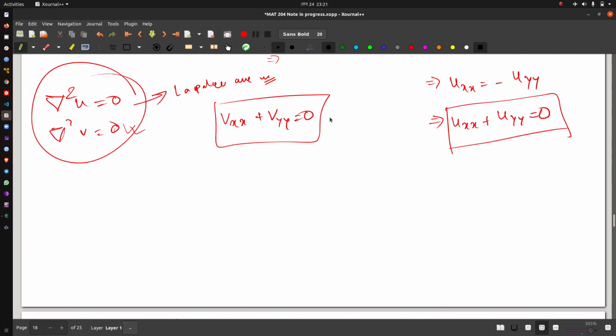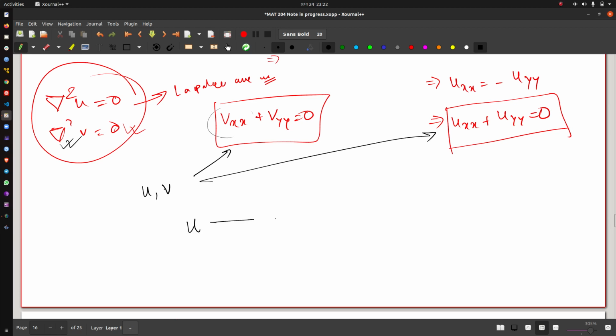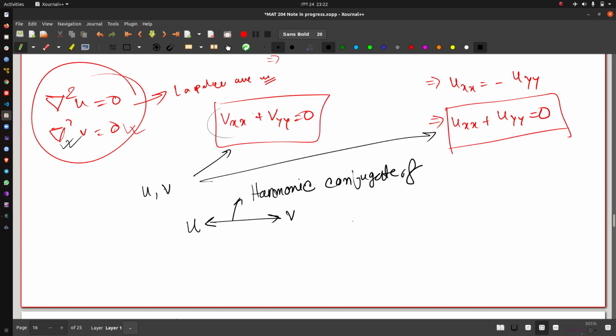As I said, if you can find some u and v that satisfy these equations, they can serve as a solution for the partial differential equation given over here. These are also called harmonic functions, as I mentioned before, and this u and v are called the harmonic conjugate of each other.